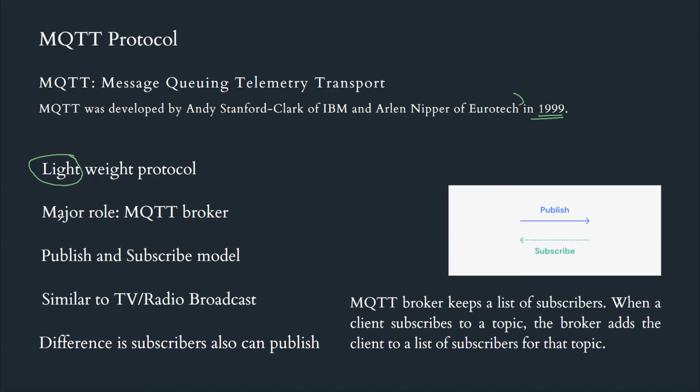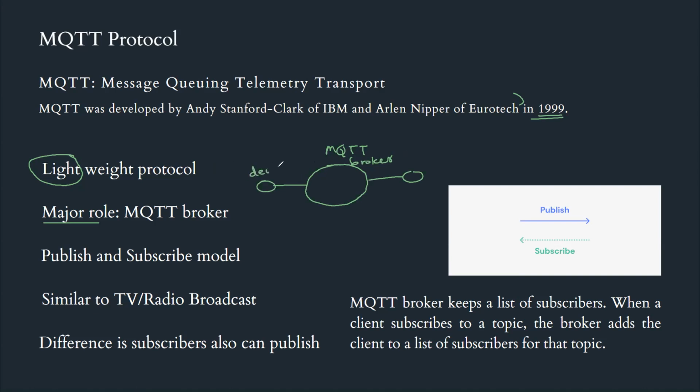The major difference between other protocols and the MQTT protocol is that it has the MQTT broker component in the communication. In MQTT protocol communications, we have something called the MQTT broker. The MQTT broker is a server which is available in between two devices which are communicating with each other.